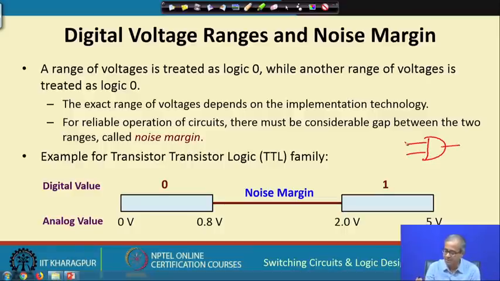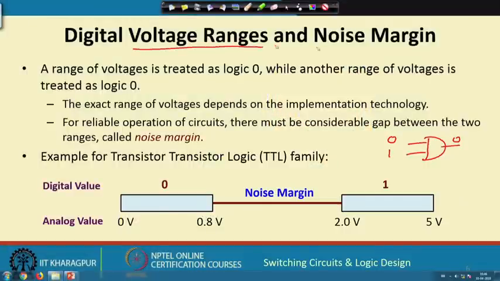Inputs are typically in the form of voltages, but in the digital domain, in binary, we say it is 0 or 1, and the output will be something, it will be 0 for an AND gate. Now, when I say 0 or a 1, what does that mean? 0 can mean it is a low voltage, 1 can mean it is a high voltage. But well, you may ask, this low and high are very subjective terms.